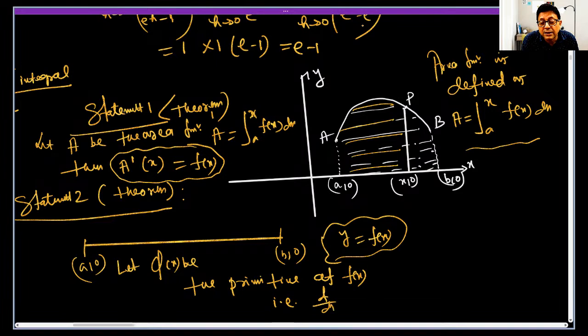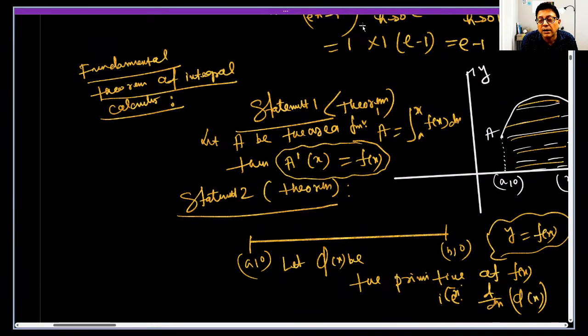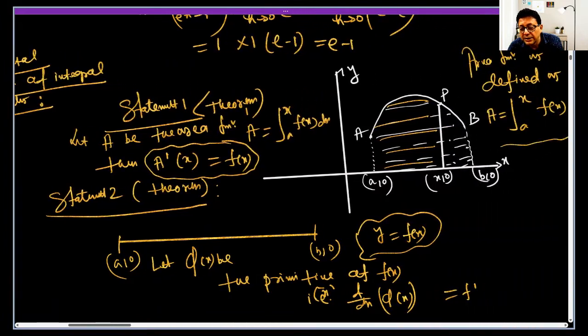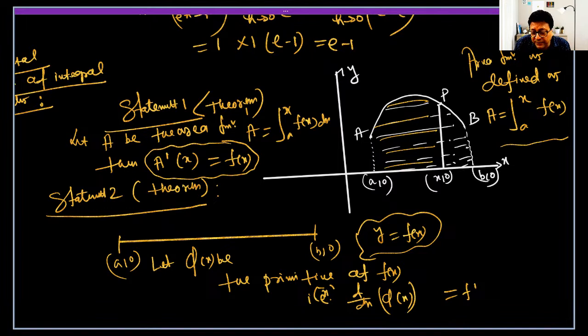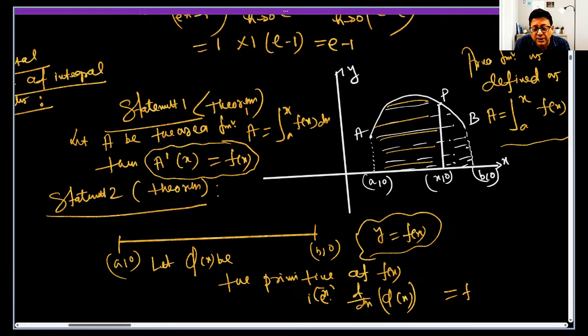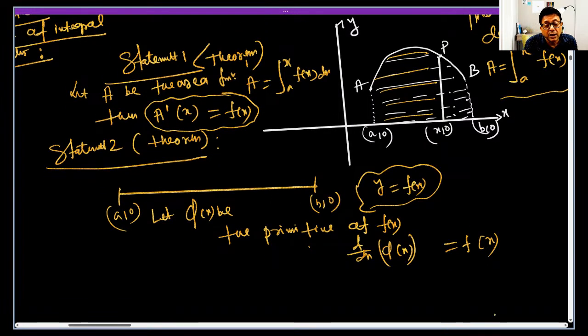That is, d/dx of phi(x) is equal to f(x). Primitive means that the derivative of the function will be equal to f(x). Then how does it help?